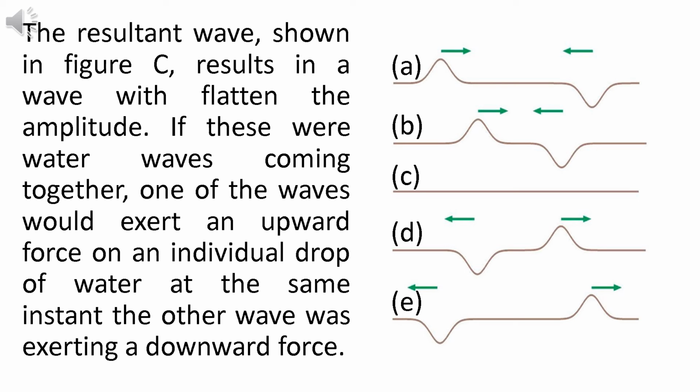So kung makikita nyo dito, kagaya na in-explain ko kanina, 'di ba? Merong magkasalubong na magka-opposite na wave. Ngayon, nung nagsalubong sila, to the point of collision, 'di ba? Magfa-flat yung wave. Okay, mawawala yung wave.